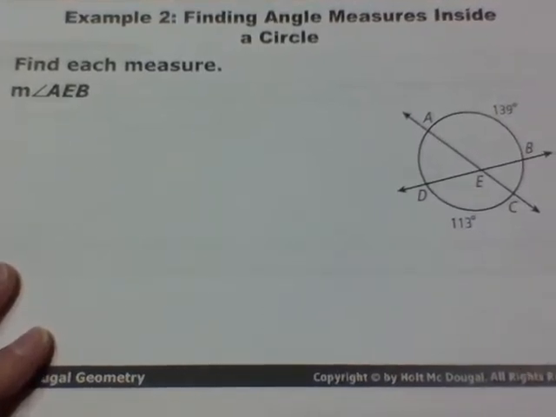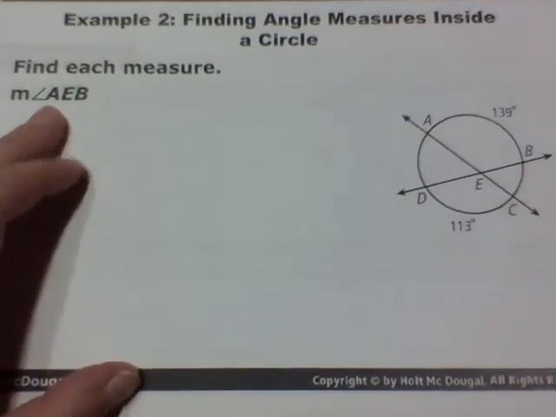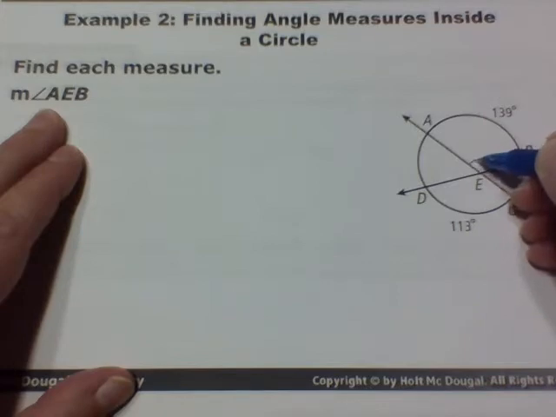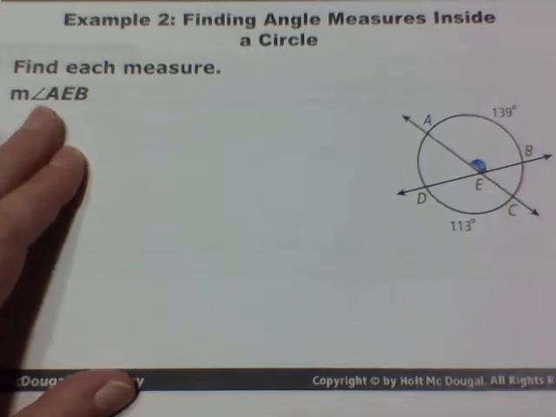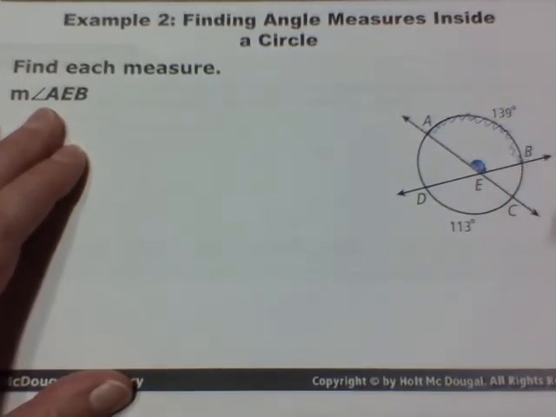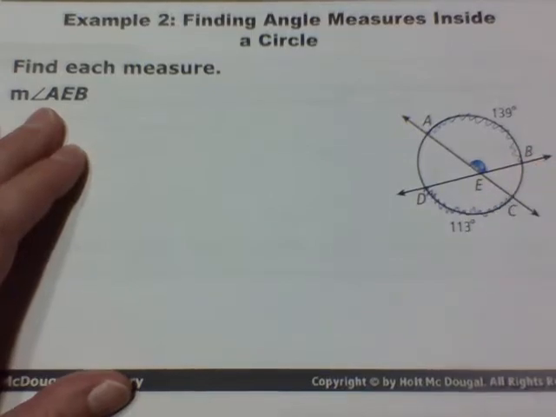So taking a look at this one, again, you kind of see that Spider-Man image going on here, it's more like the Venom look. But anyway, if we want to find the angle measure inside a circle, in this case AEB, so that's this one, in order to find that angle measure, we need to take this arc that it intercepts, which is 139, and this arc, and take their average.